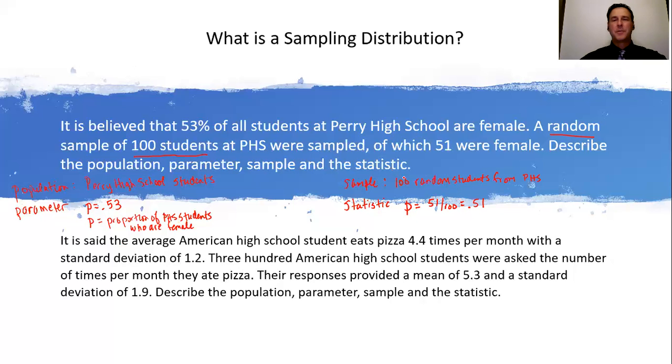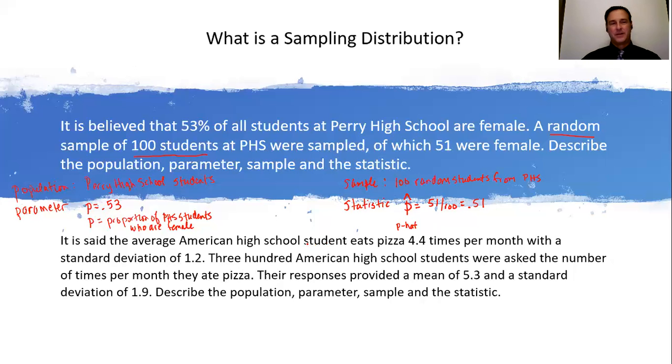What I'm going to do is take my statistic and put a little caret above the P, which means I have a P hat. That is information obtained from a sample, and again, it's a proportion: the proportion of students who were female from this unique sample.